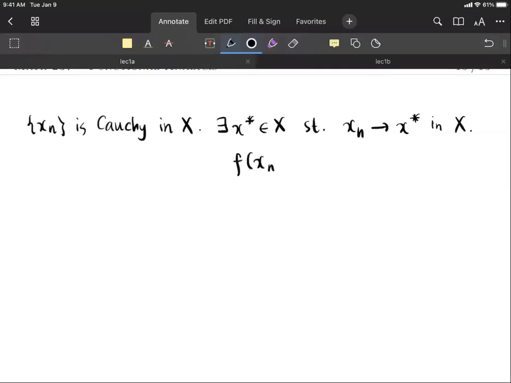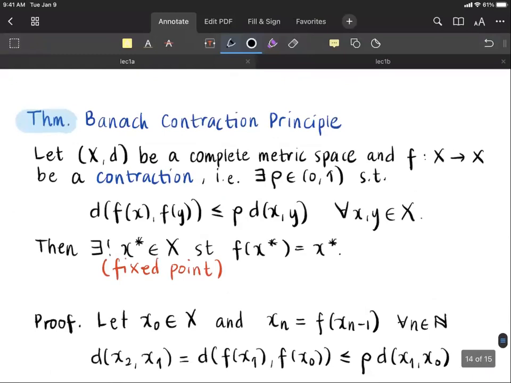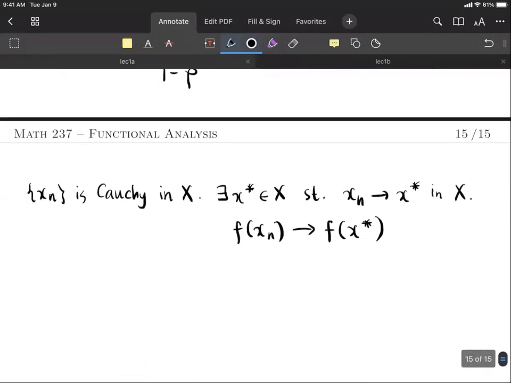First, if you apply the continuity of f, a while ago we said that a continuous function on a metric space is convergence preserving. And take note that f is a contraction, therefore it is Lipschitz continuous, in particular continuous. The image of the sequence will converge to the image of the limit x star. So this is by continuity.